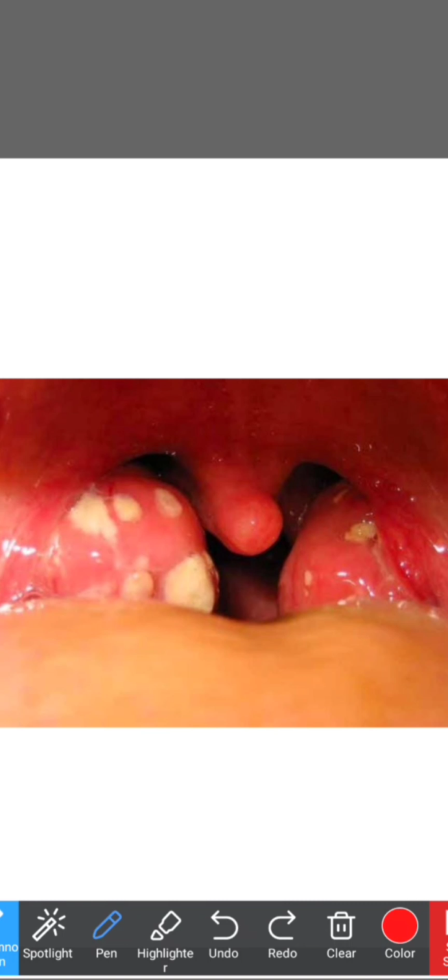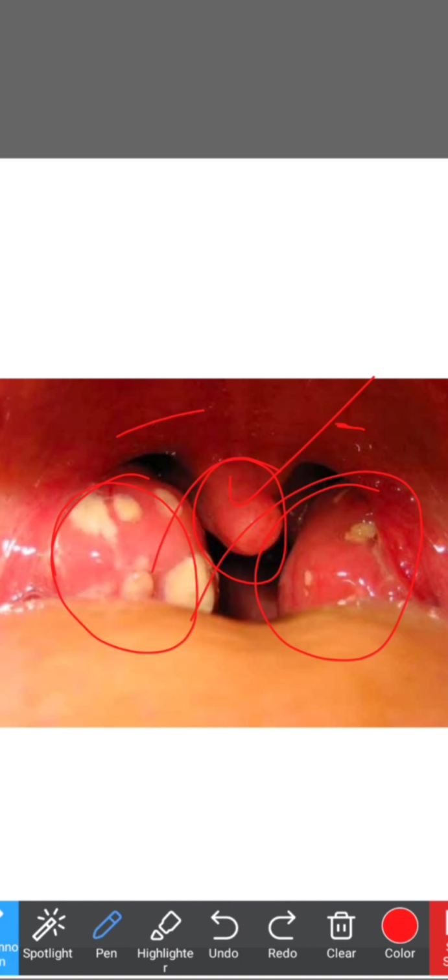This is a figure of the oral cavity. You can see here there are two tonsils, this one and this one. This is a uvula. The uvula is present in the soft part of the palate in between.